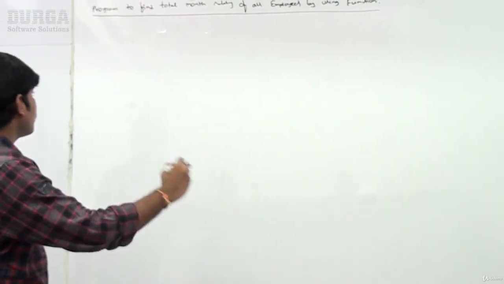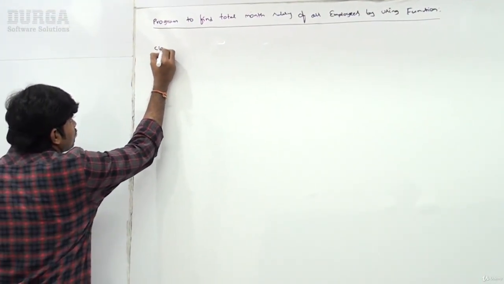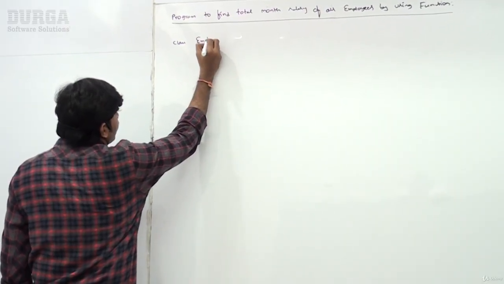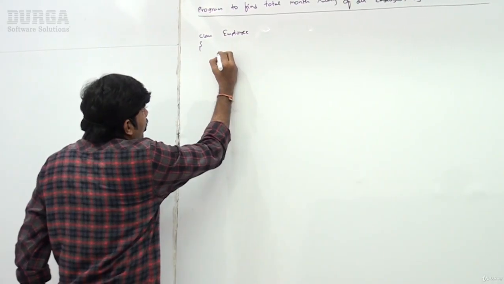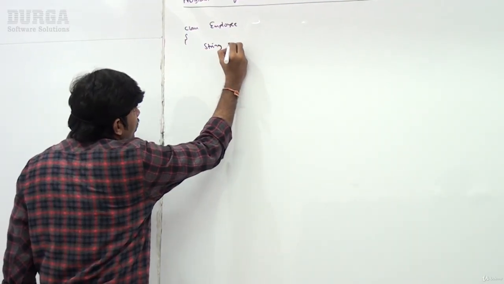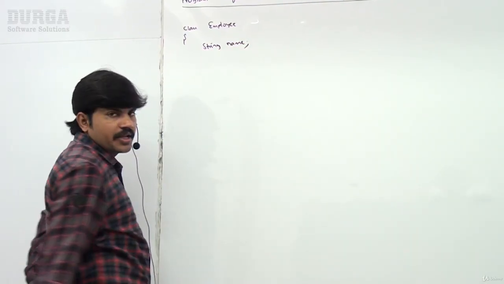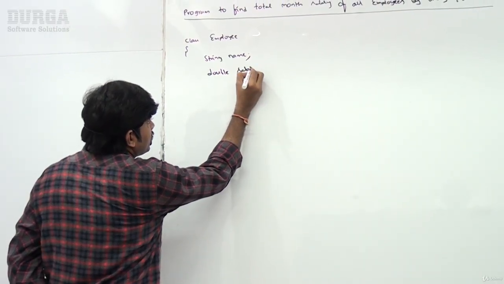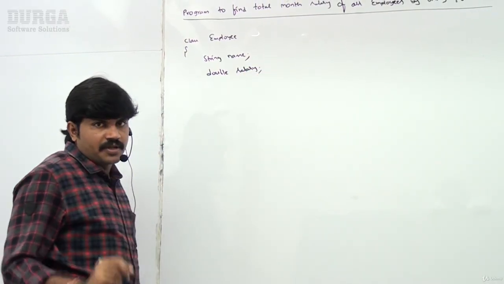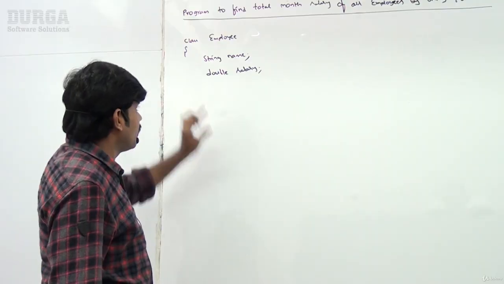Here, I am taking class Employee. Observe very carefully about this one, sir. Class Employee. For every employee, I want to take two instance variables, right? String name and double salary. Just observe, only two variables I am taking, sir, to simplify the terminology.